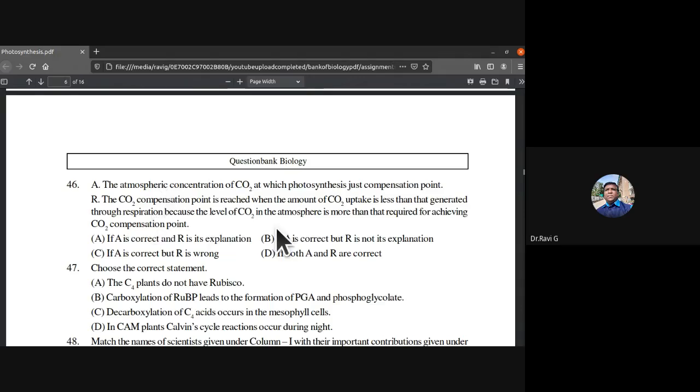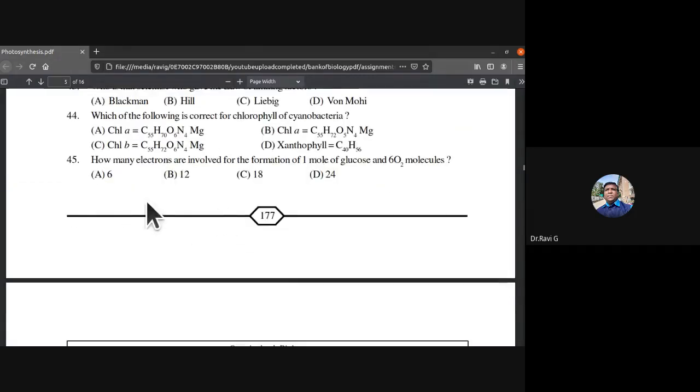So the atmospheric concentration of carbon dioxide at which photosynthesis just is a compensation point. See, now I wanted to again discuss this. In the Calvin cycle there is no electron flow. So in the Calvin cycle it is more of fixation of carbon dioxide. Electron flow happens only in cyclic photophosphorylation and non-cyclic photophosphorylation.